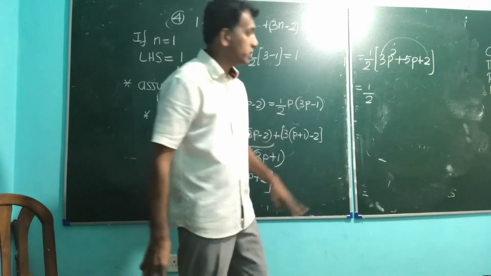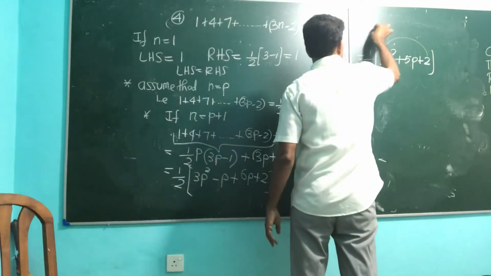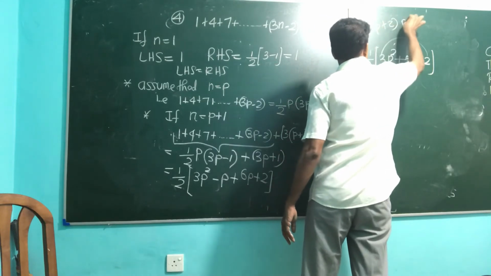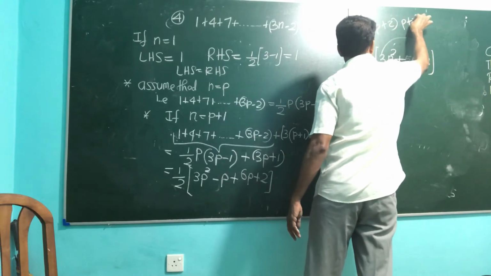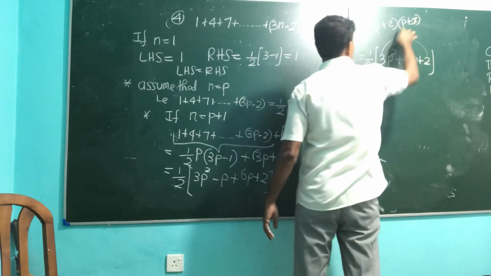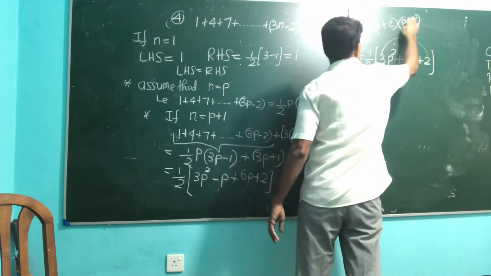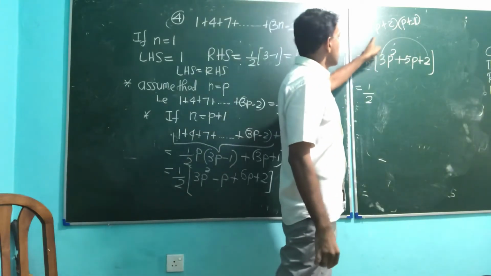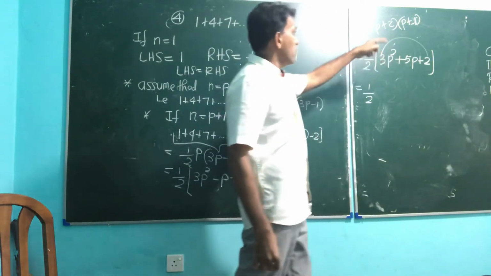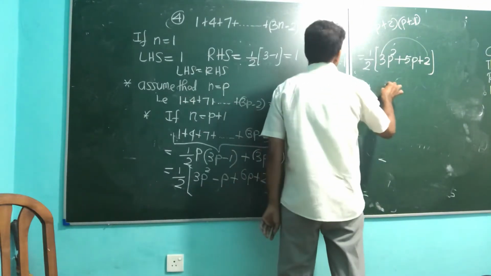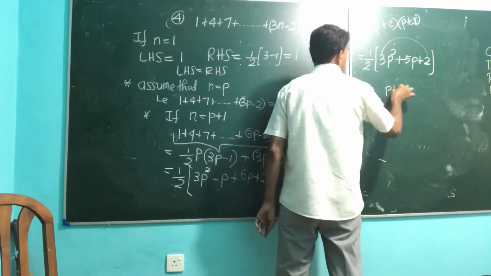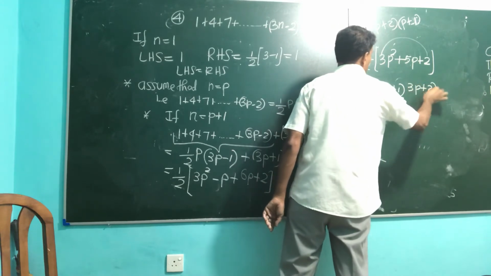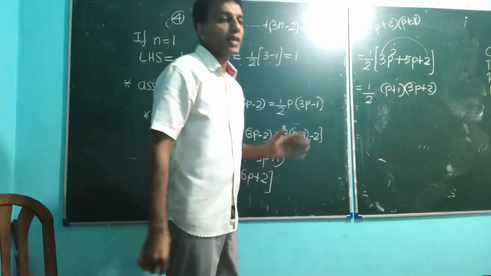So what are the factors? 3p plus 2 and p plus 1. 3p square, 3p, 2p, 5p, 1 times 2, yes. So that is p plus 1 into 3p plus 2, which is the final answer.